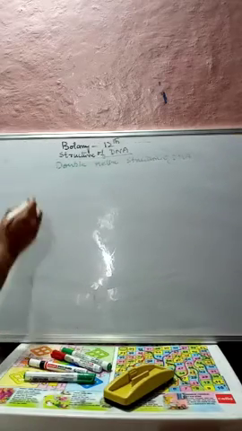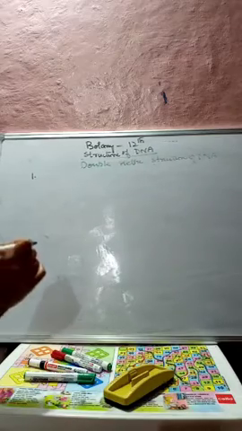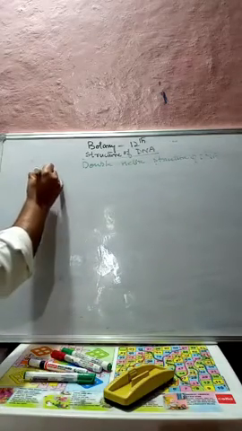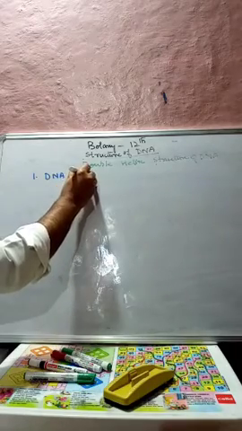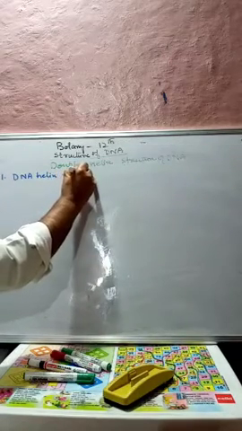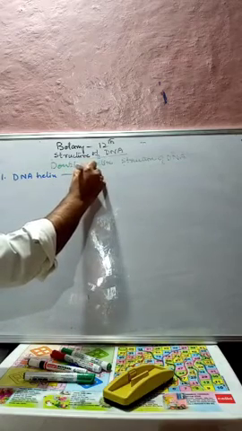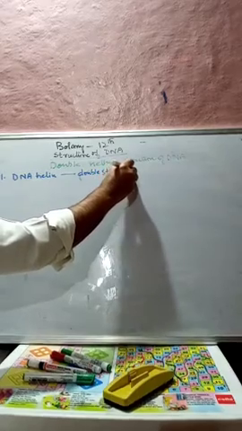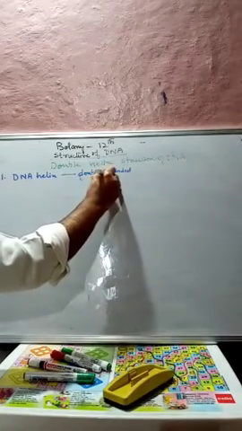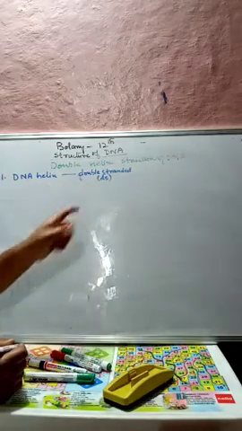What they have said, first point: the DNA helix is double stranded. So we write it as DS. DNA helix, it is a double stranded.